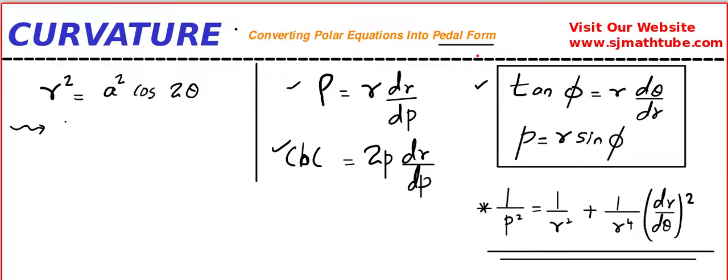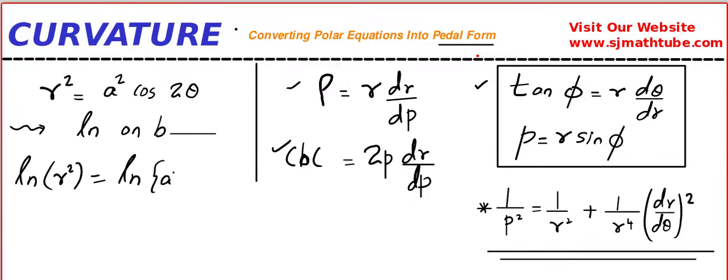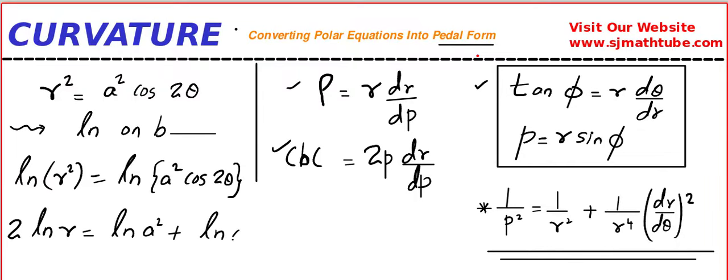So I'm going to write: taking logarithm, of course natural logarithm, on both sides. So I get natural logarithm of r square is equal to natural logarithm of a square cos 2 theta. And that means 2 times natural logarithm of r is equal to logarithm of a square plus ln cos 2 theta.